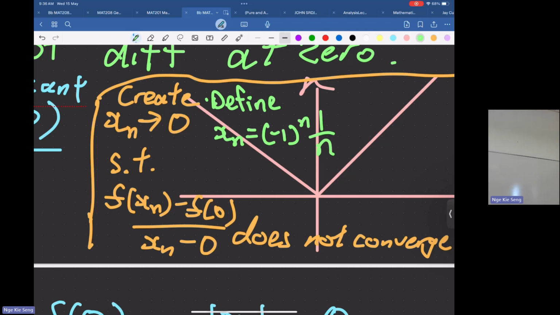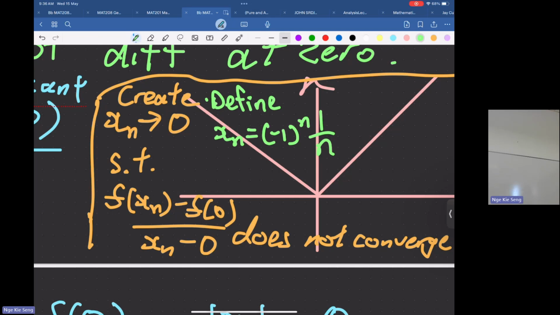If it doesn't converge, maybe it could have a convergent subsequence, but if you can find two subsequences that converge to different limits, then definitely your sequence cannot converge. Because for every convergent sequence, every subsequence converges.